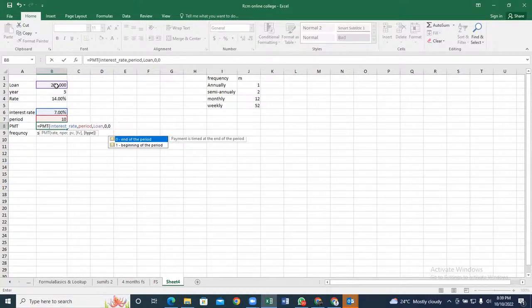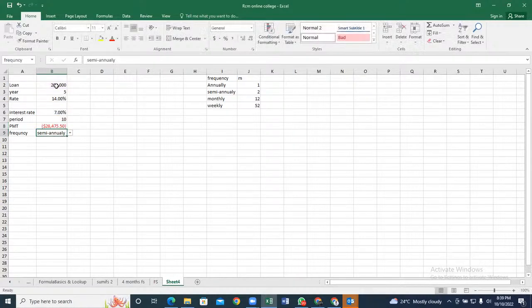And then you close your bracket. So if I enter, I'm getting a negative value, but I don't need this negative. So I just come to my formula here and introduce a negative sign to eliminate that negative value.